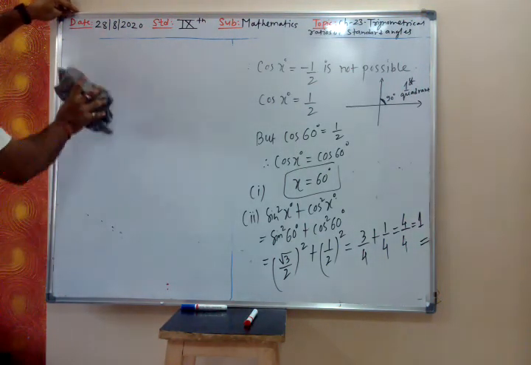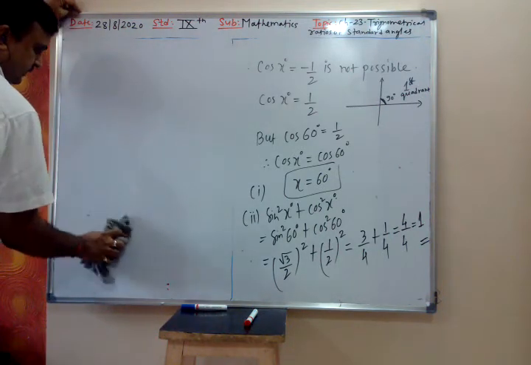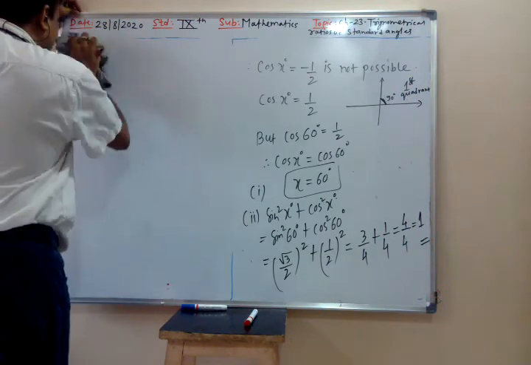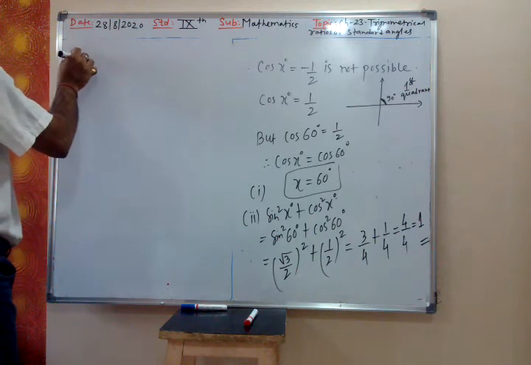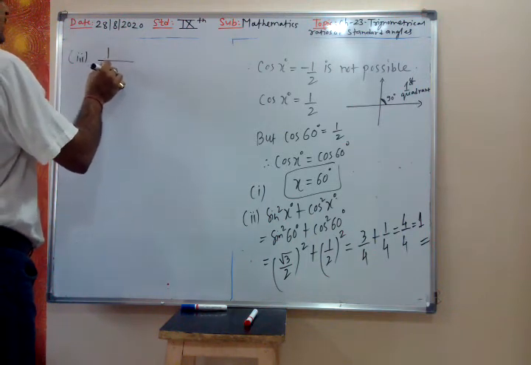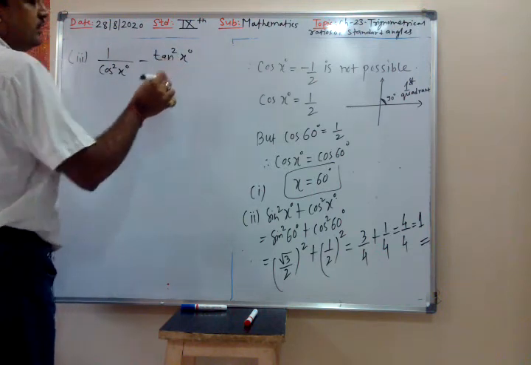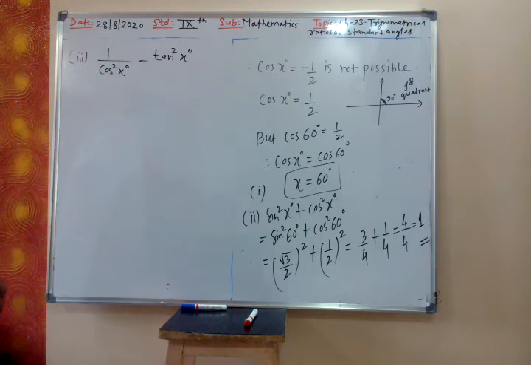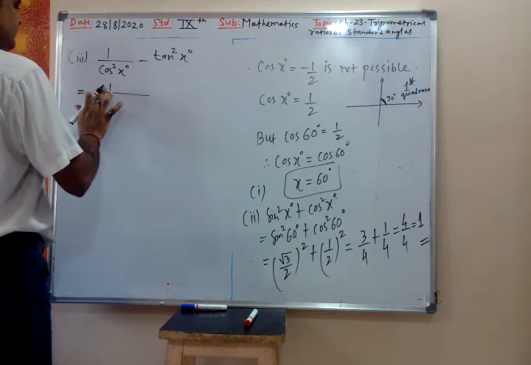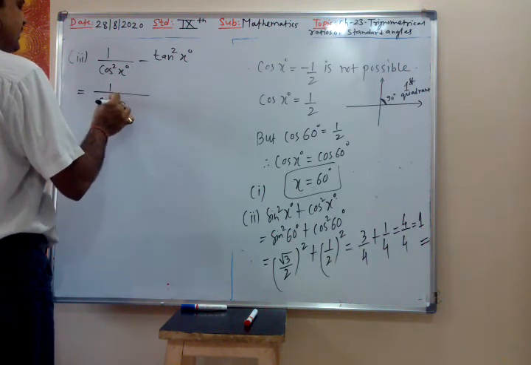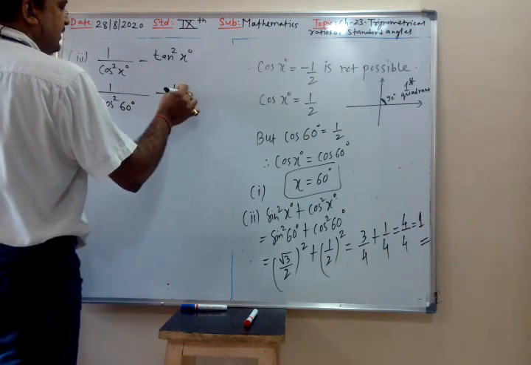Third one: 1 upon cos square x degree minus tan square x degree. So x is 60 degree: 1 upon cos square 60 degree minus tan square 60 degree.